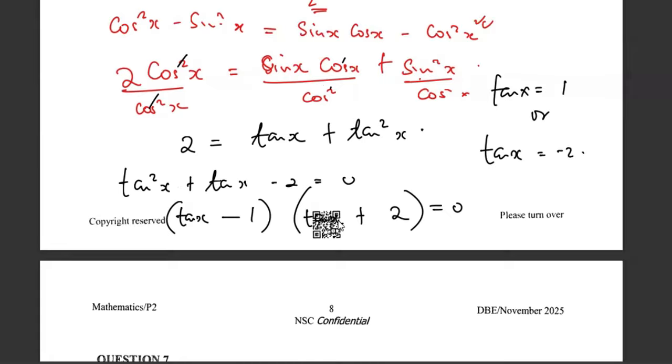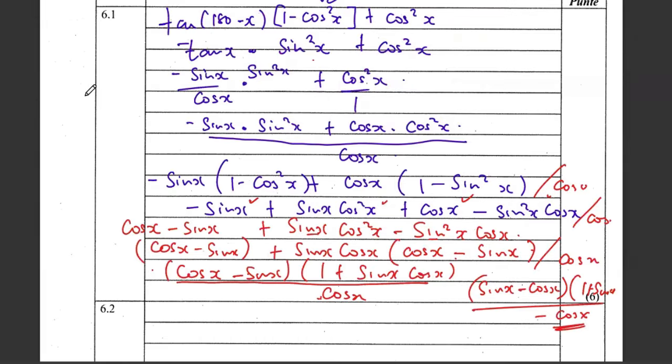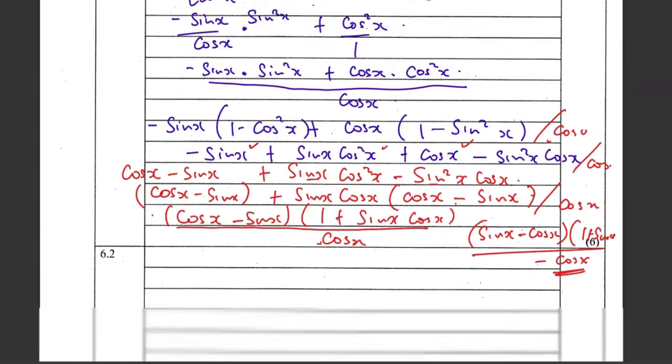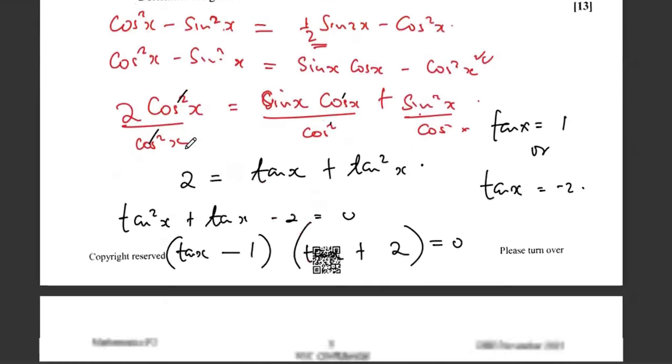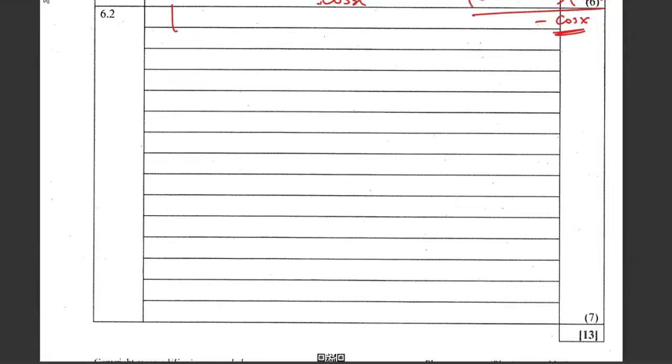Now remember, I'm looking for general solutions. So if I'm to write it down here, is it 6.2? Yes, perfect. So we're saying tan x is a 1, or tan x is a negative 2. So the reference angle, tan of 1, is going to be 45.